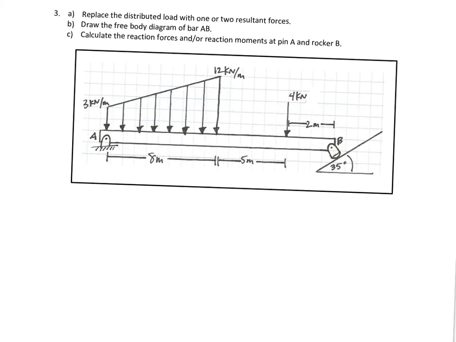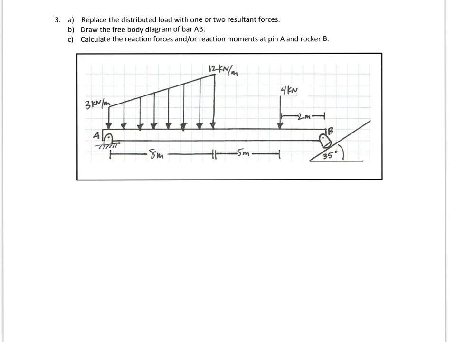So replace the distributed load with one or two resultant forces. Let's do that. So I'm going to break this distributed load up into a uniform rectangle and a triangle on top of that. So the rectangle, the uniform rectangular load, remember that you can replace a distributed load with that area.